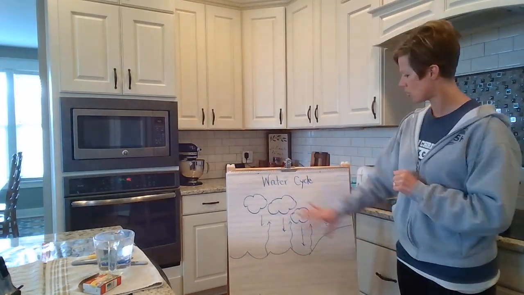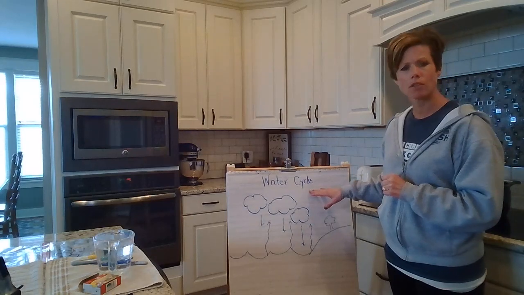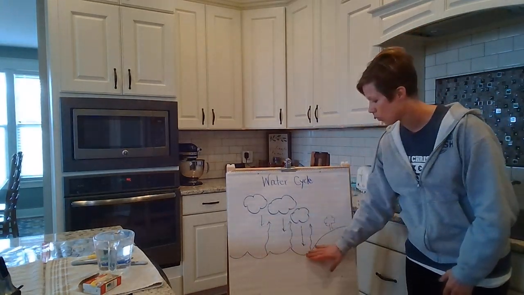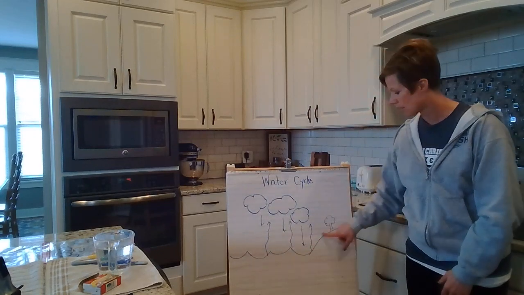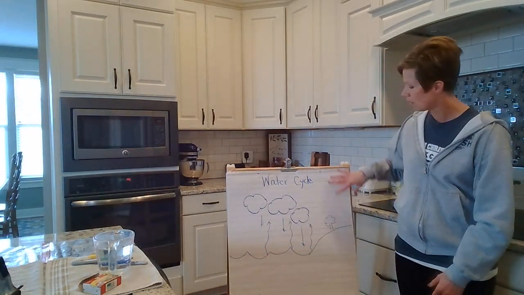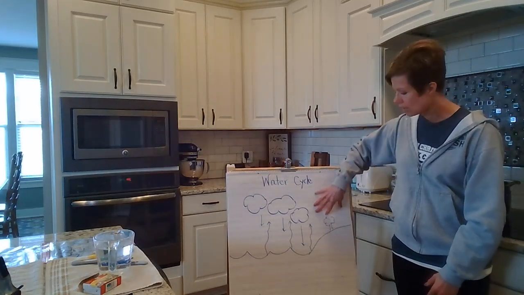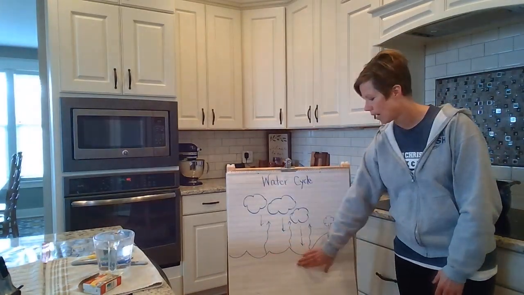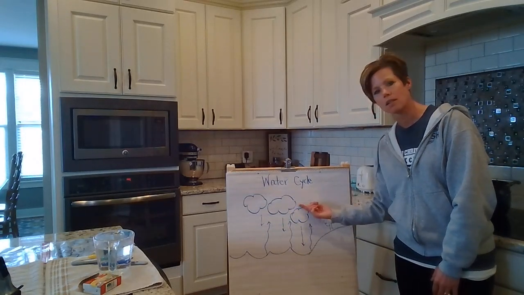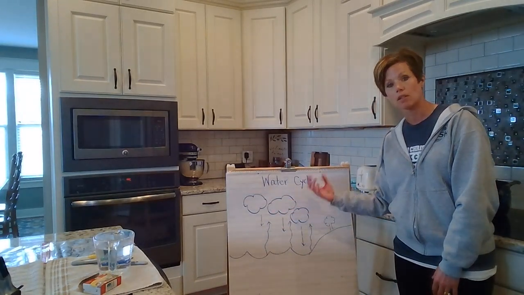Hopefully you can see this chart. This is the water cycle. Remember we had talked about there is water. Sometimes it's on land, sometimes it's in a lake, river, pond, or stream. The sun heats that water up and the water evaporates, and when it collects in the sky, it creates clouds.